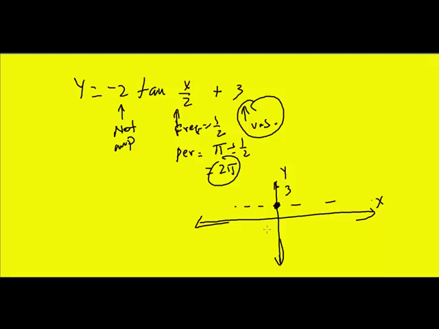Okay, so I'm just going to draw my tangent curve. So my tangent curve is going to look like that. Only thing is different is when I draw my asymptotes here and here, okay, the distance from here to here has to be 2 pi. So that means that's got to be pi, that's got to be negative pi. And that's my tangent curve.